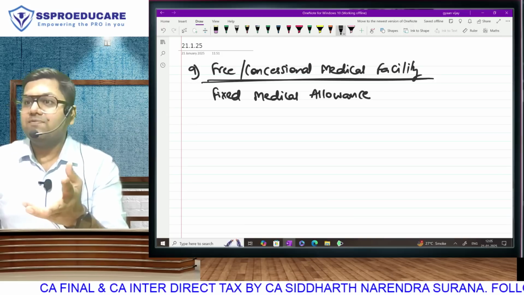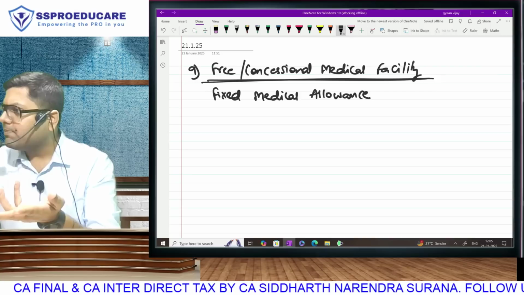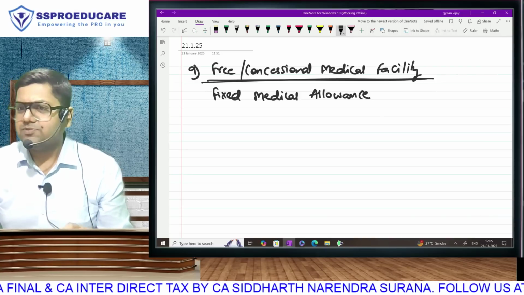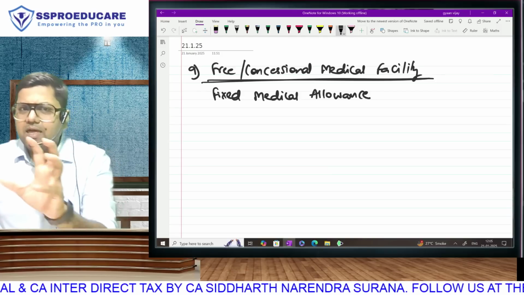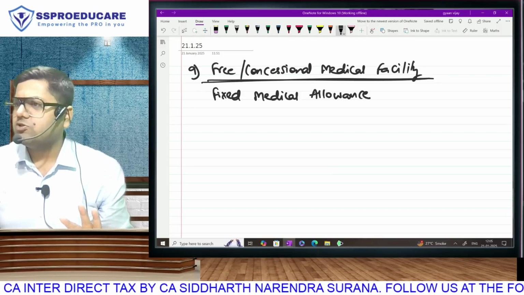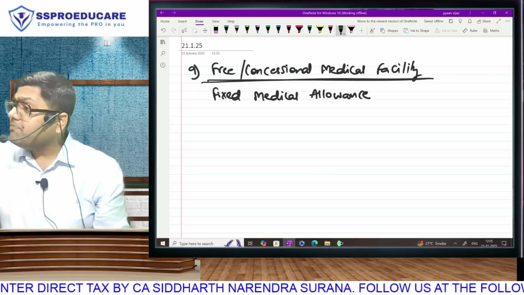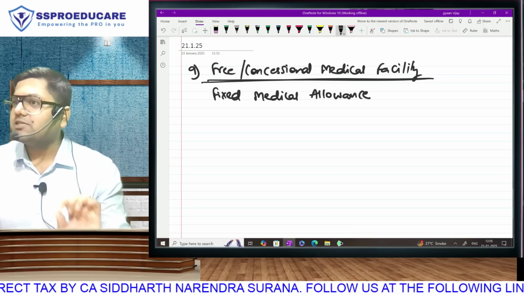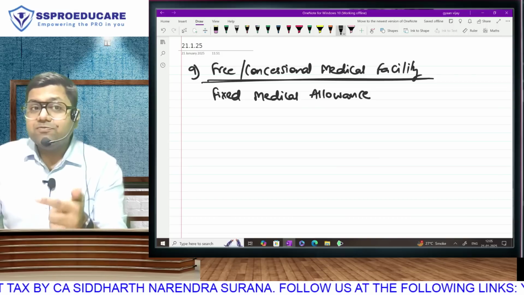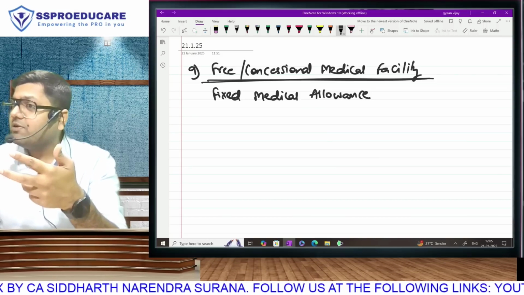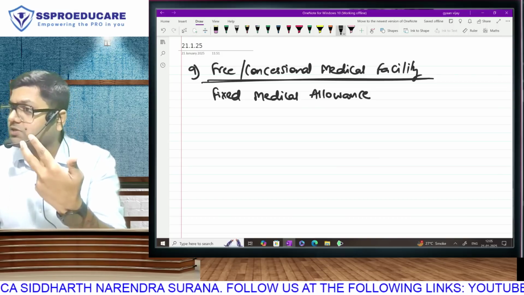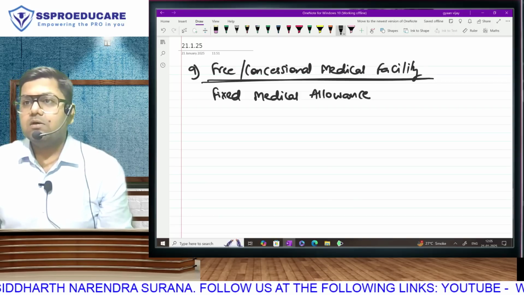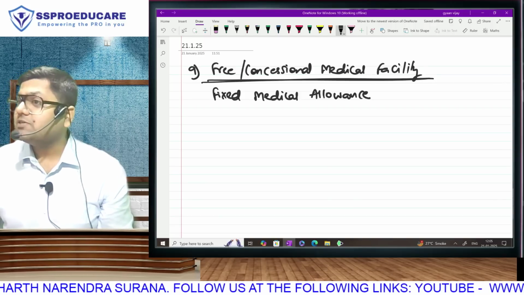Next month I was not unwell. Everything was fine, so no bill paid by boss. Third month I had 5,000 expense. Like this, the annual expenditure incurred is 24,000 rupees. But my boss paid me as and when I spent. Otherwise he did not. So there is some tax benefit that we will get. Instead of this, if your employer is giving you every month a fixed 2,000, irrespective of your health, that will become a fixed medical allowance.